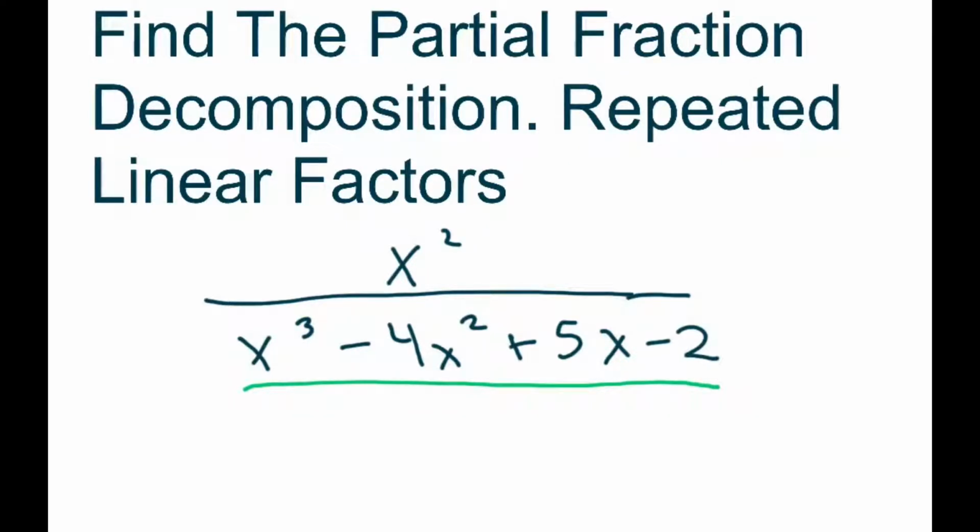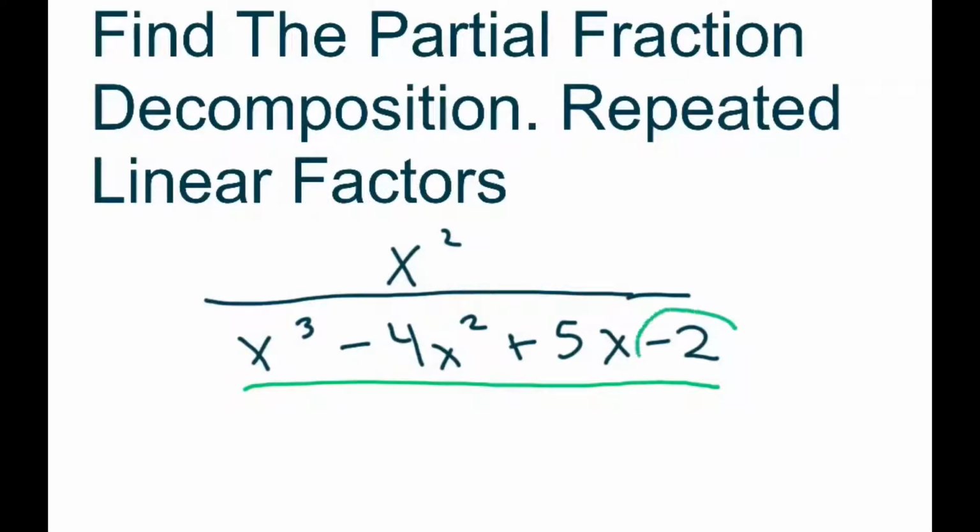So what I'm going to do is use synthetic division, and since my last term is -2, I'm going to use my factors of 2, which are plus or minus 1 or plus or minus 2. This is 1. So I'm going to go ahead and use 2 because I already know what it is.